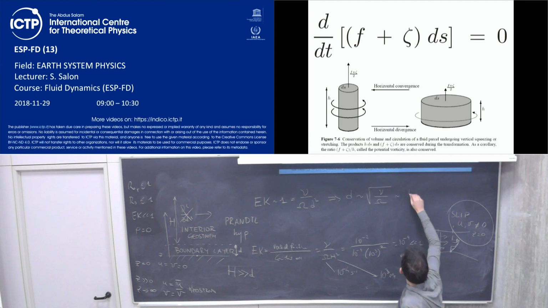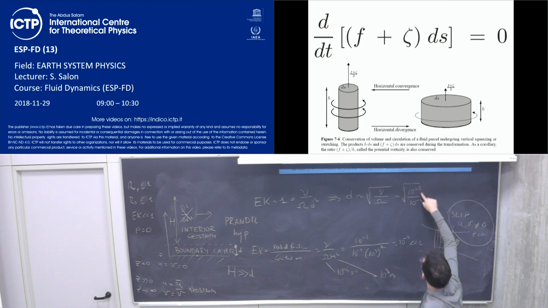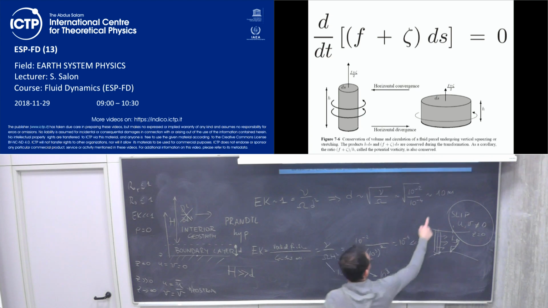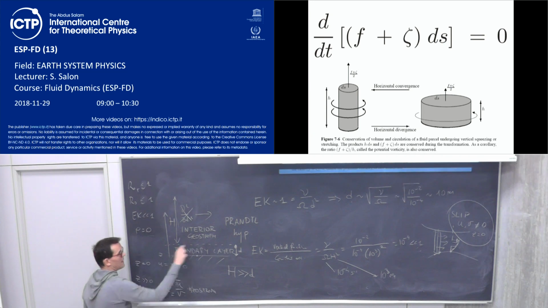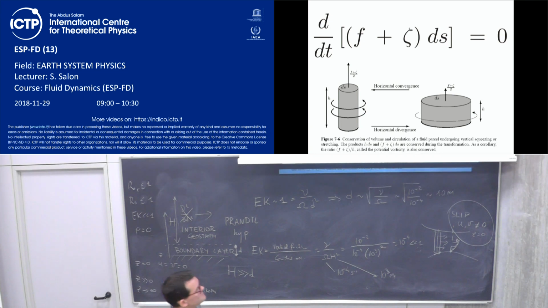So again, 10 to the minus 2, 10 to the minus 4. So what we have is 10 to the 2, so we have 10 meters. Okay? So 10 meters with respect to 1,000 meters. Can you understand? So we have that this boundary layer is 1% of the interior scale. So it's very, very, very thin.